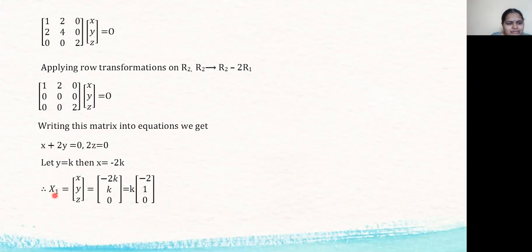So this is the first eigenvector, let us denote it with x1. x1 is actually xyz: x value minus 2k, y value k, z value 0. And take out k, then we get minus 2, 1, 0. Usually when we want to use the eigenvectors, we will ignore this k, or we will fill that k value as 1.